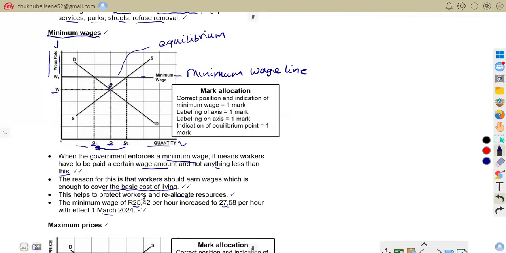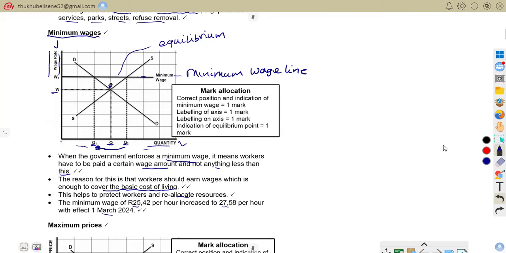So if the government increases the minimum wage, employers may hire fewer workers, but those who remain employed will earn more. Hope we understand this graph.